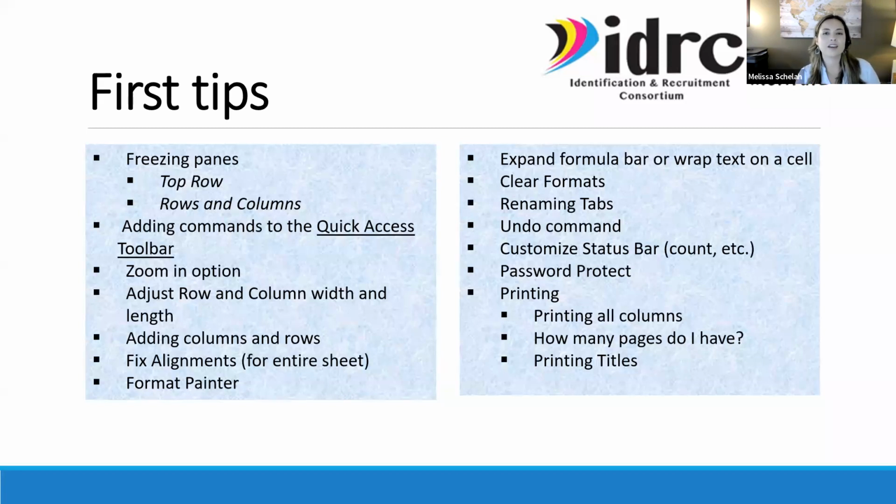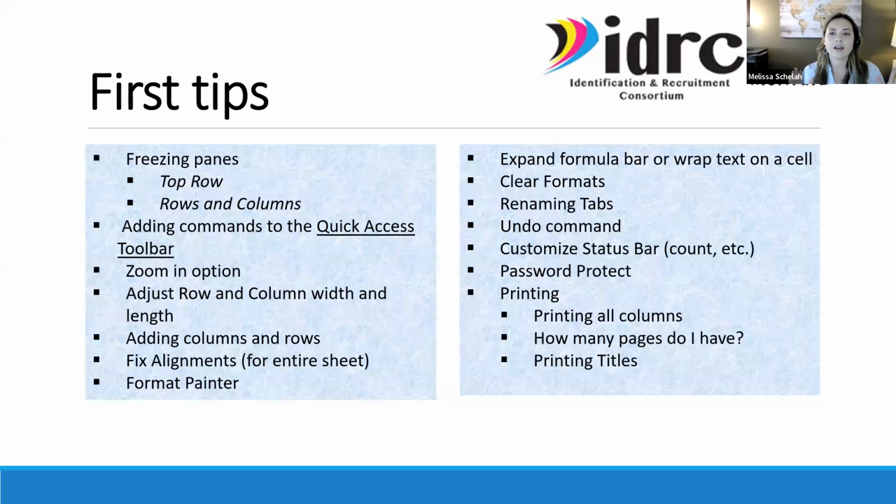That's something that I never done, but I think you'll like it. Password protect that we need all the time. Printing is vital for recruiters because I remember, and I wanted always to print one big list in one page.